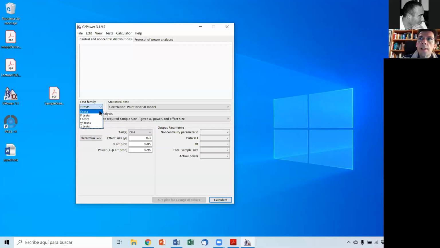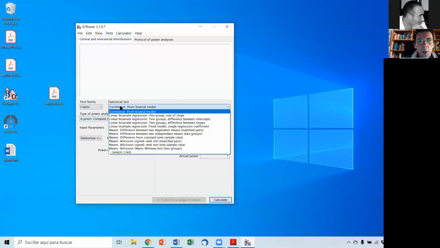For instance, let's say that we are comparing a control to a treatment group, and we are comparing the means. So you know that the test that you will do at the end is a student t-test. There are a number of experimental situations where the test at the end is a t-test.